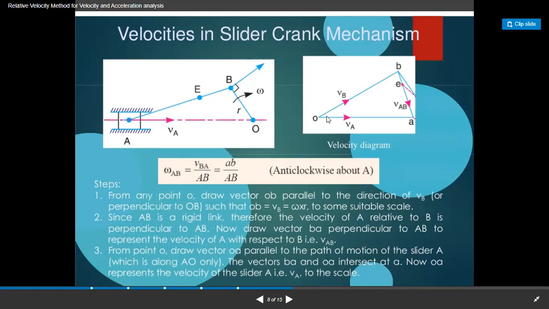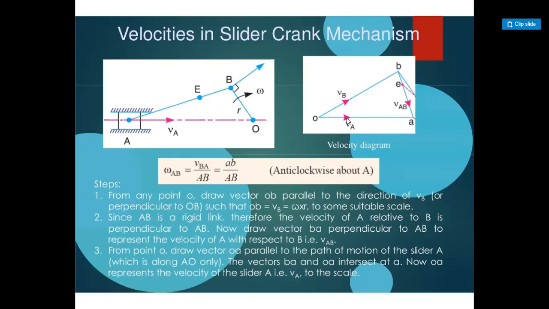Now the horizontal line drawn from O and the line drawn from point B intersect at a point, which is point A, right? Now the length of BA is the relative velocity of point B with respect to A, and the length of OA is the velocity of A, right?